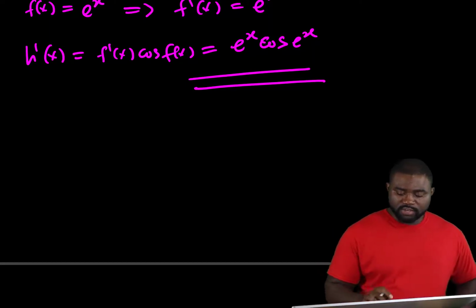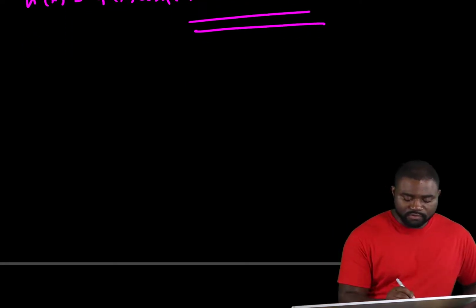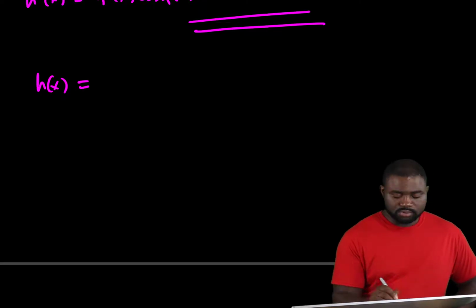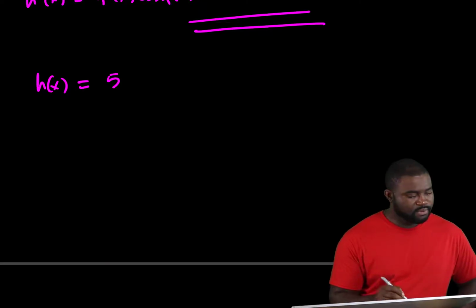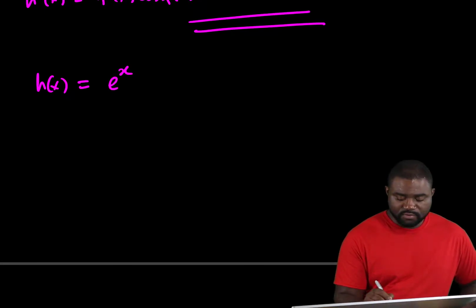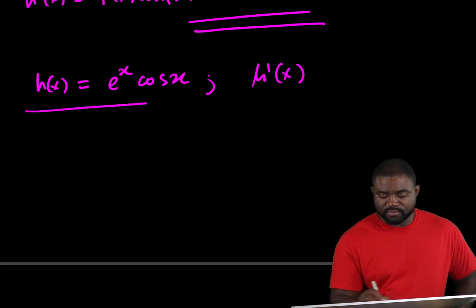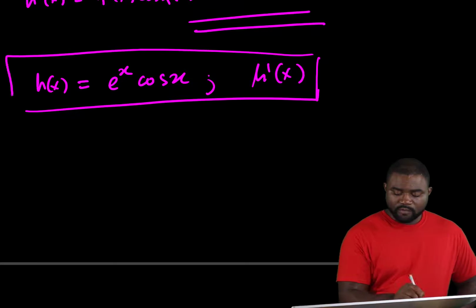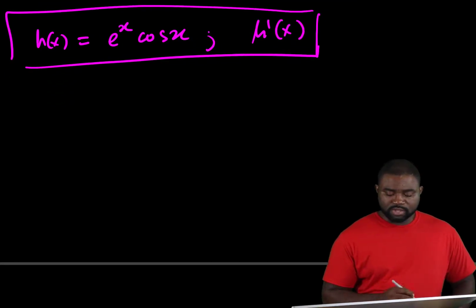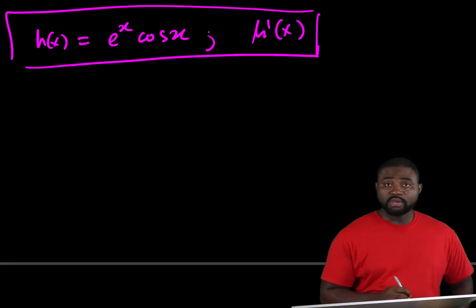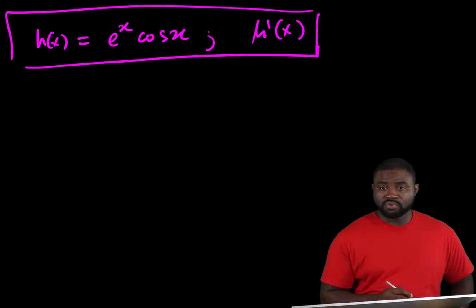Or another example would be, for example, h of x equal to e to the x cosine x, and we are expected to look for h prime of x. So this is a product actually, and we will use the product rule.